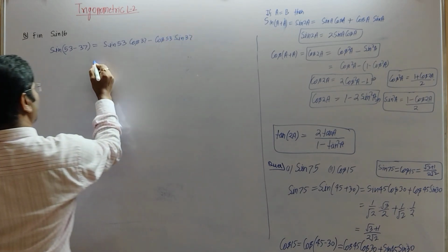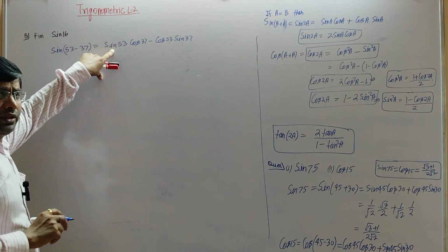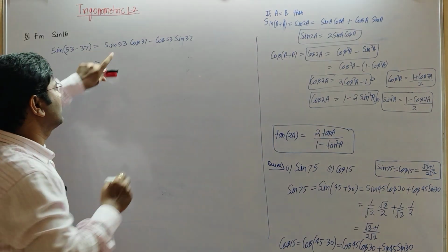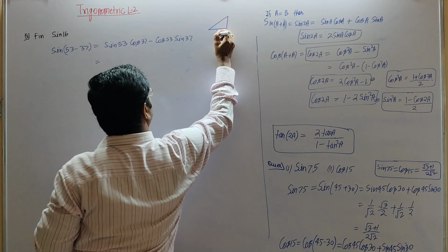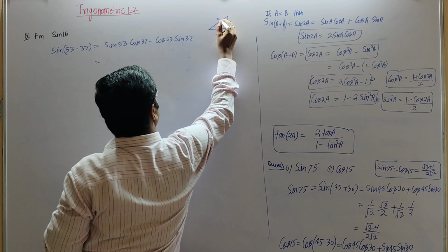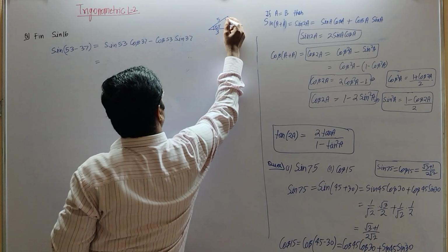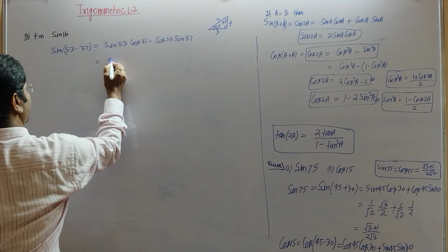Clear? So we know sine 53. I have told you, sine 53, if sides are 3, 4, 5. This is a right angle triangle. If I draw 3, 4, 5, higher side has higher angle, lower side has lower angle. So sine 53 is 4 upon 5.